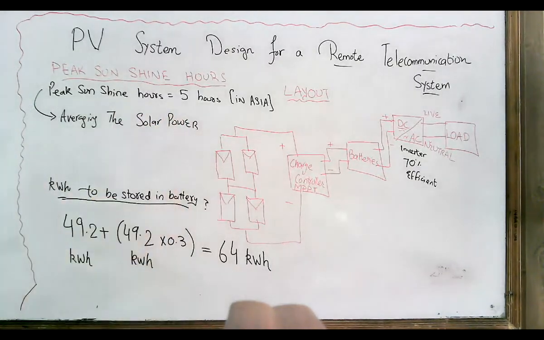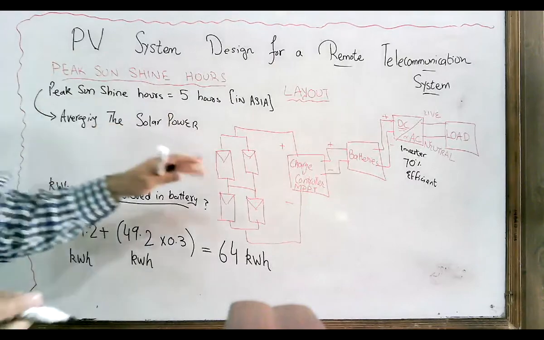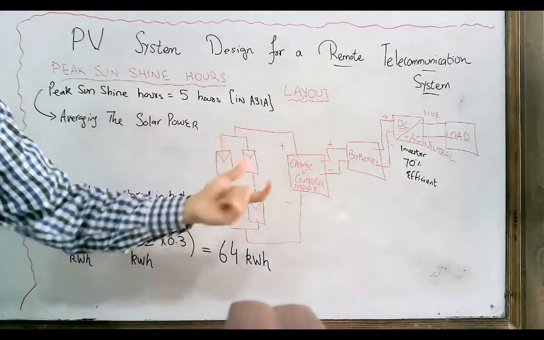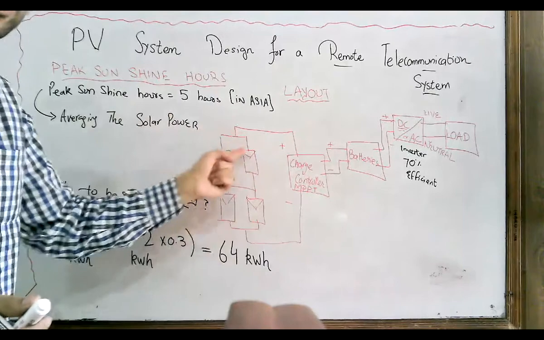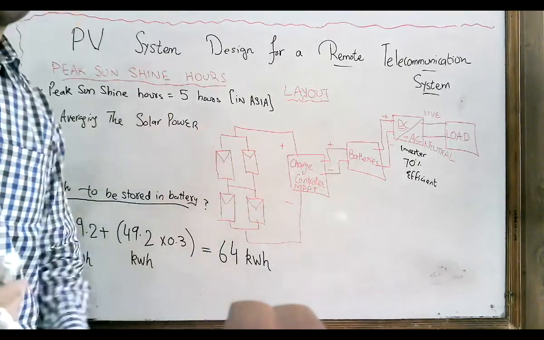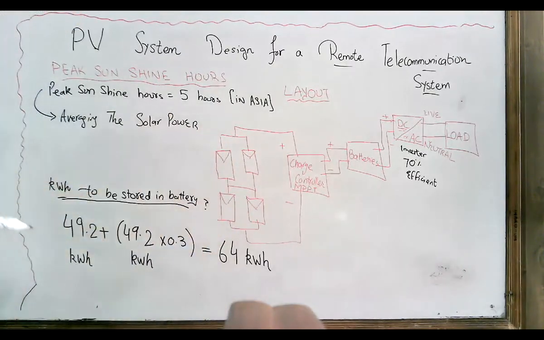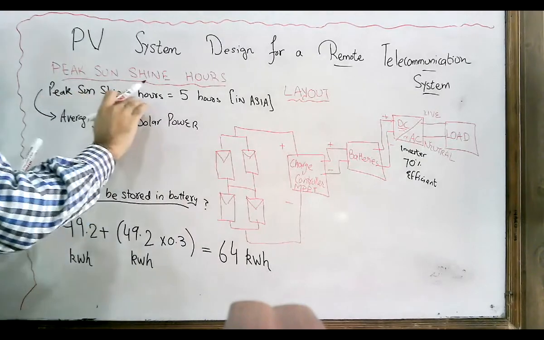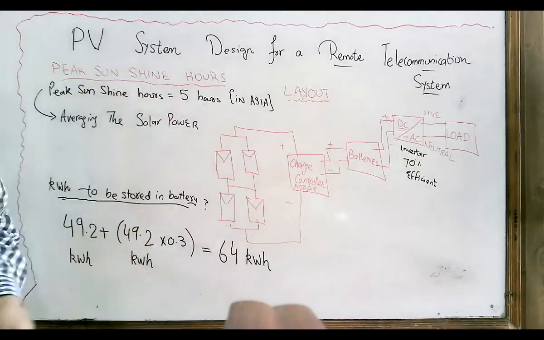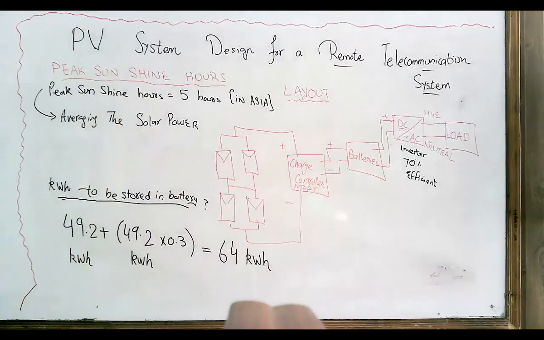As I told you, the energy we are required to receive from this PV array is 64 kilowatt hours, and we assume that the peak sunshine hours are 5 hours in Pakistan, India, Afghanistan or Bangladesh.